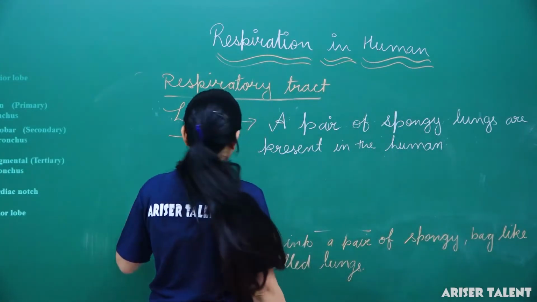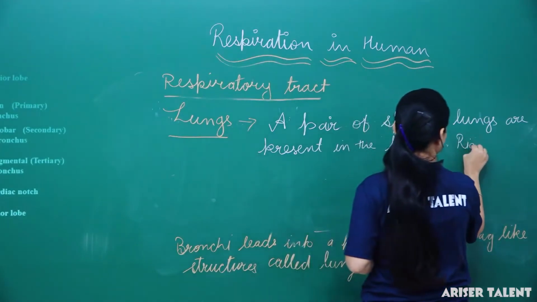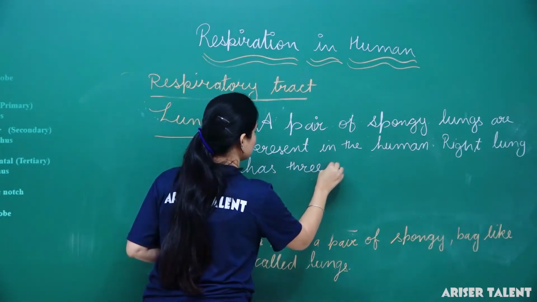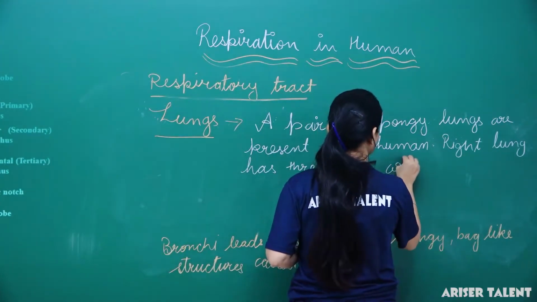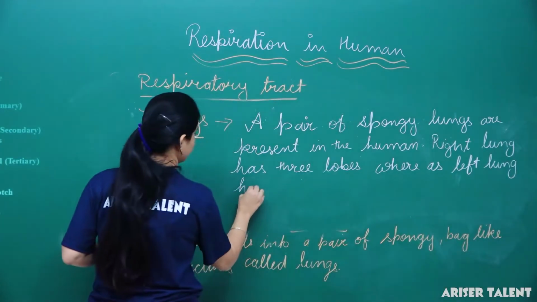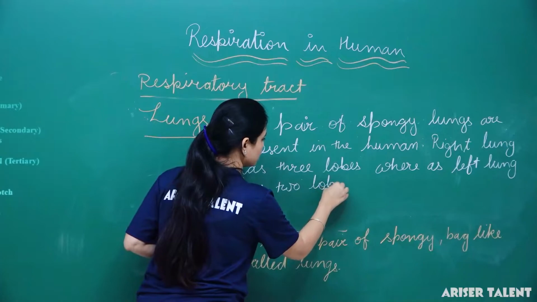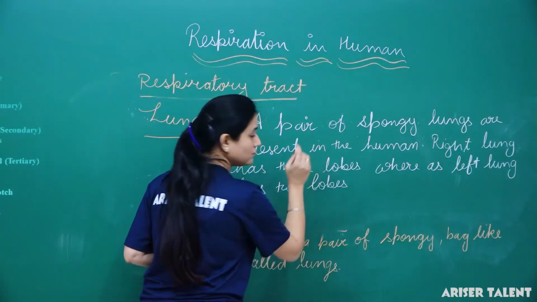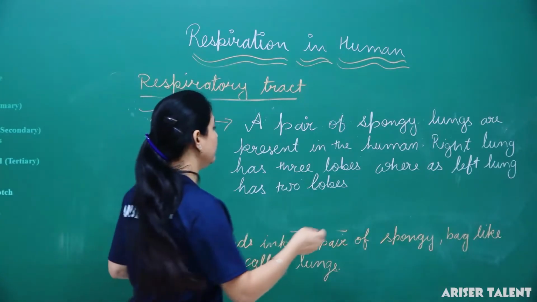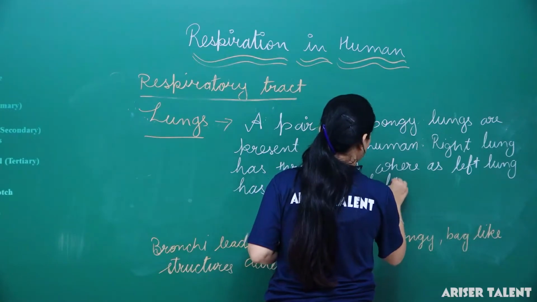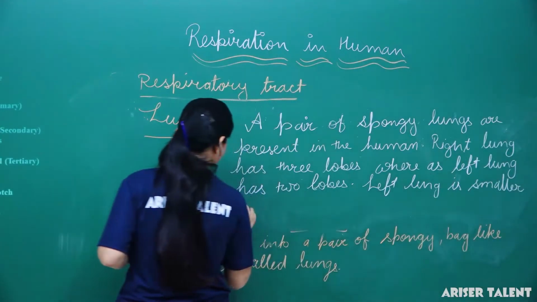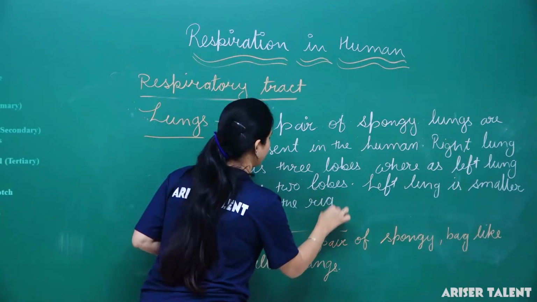The right lung has three lobes, whereas the left lung has two lobes, and thus we can say the left lung is smaller than the right lung.